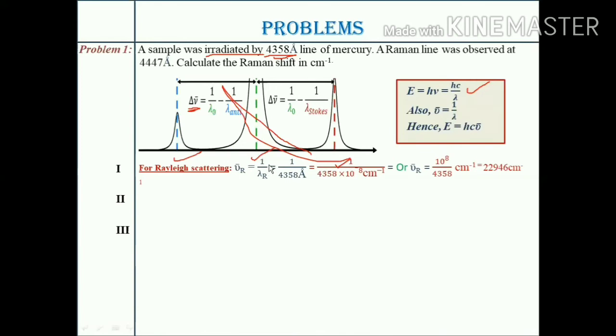That is equal to 1 over the wavelength of the Rayleigh scattering. The wavelength of the Rayleigh scattering was given to us as 4358 angstrom. So the equation becomes 1 over 4358 angstrom.